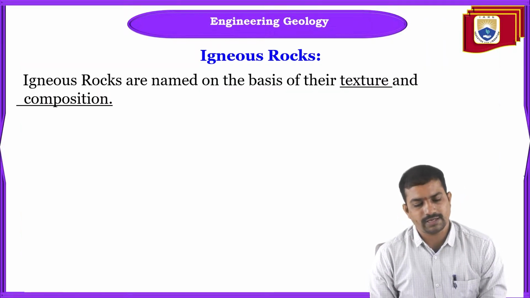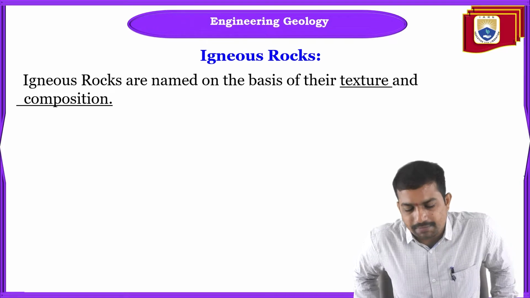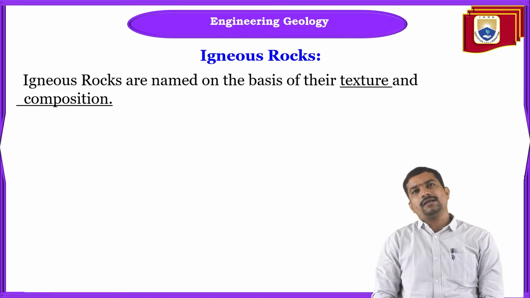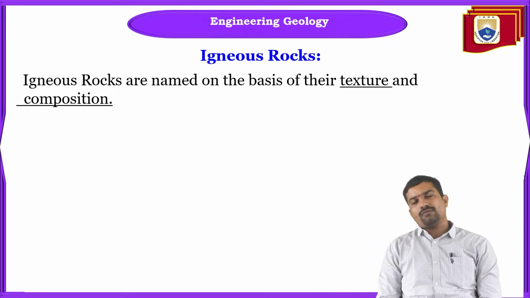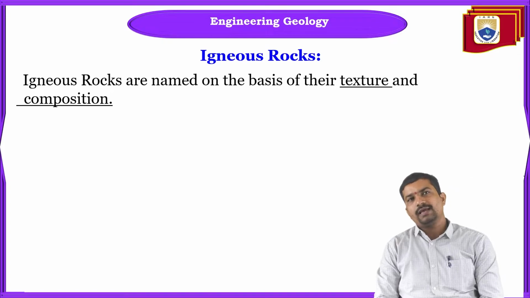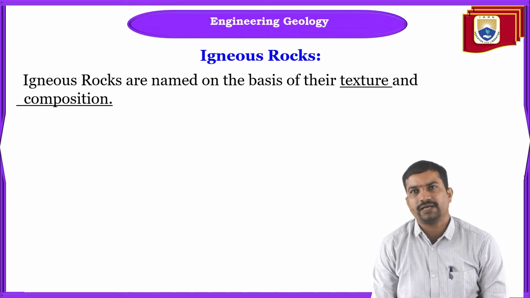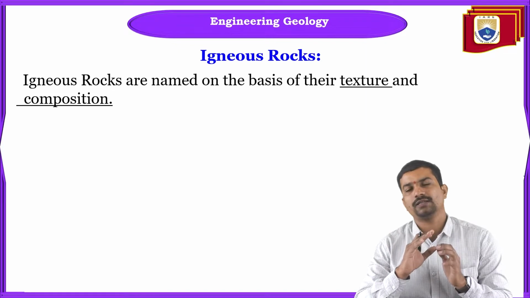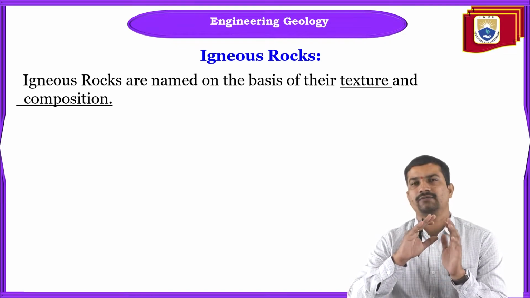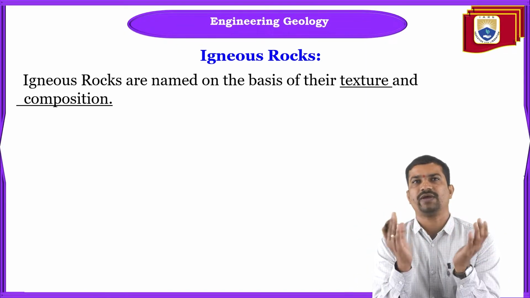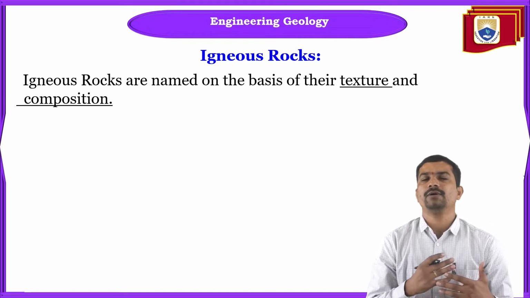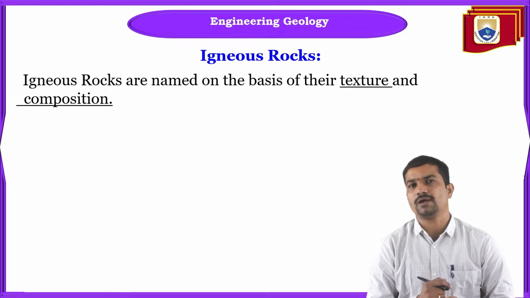Igneous rocks are named on the basis of their texture and composition. What is the meaning of texture? The soft or rough surface that we can see on the surface of any rock. And what do you mean by composition?